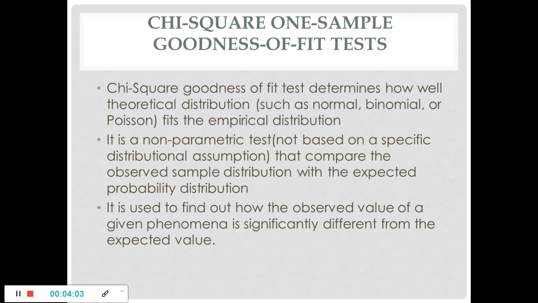That is the case where you can use a chi-square test, and it will tell you whether the sample distribution is significantly different from the population distribution or not. Those are the cases where you can use this chi-square test.